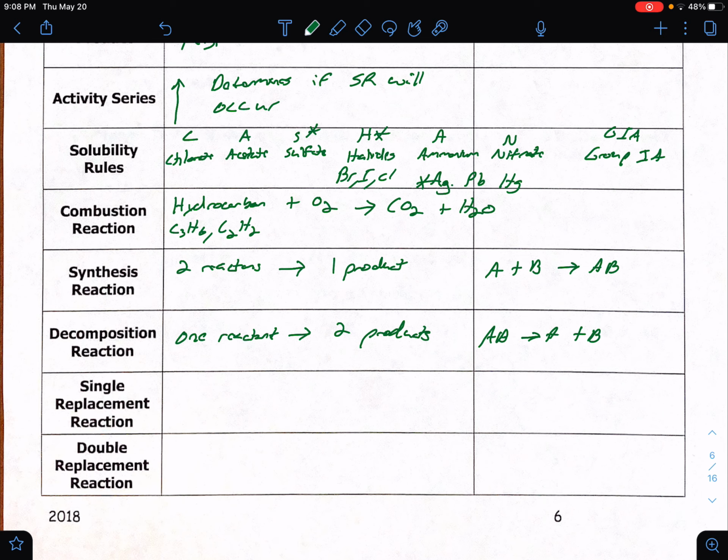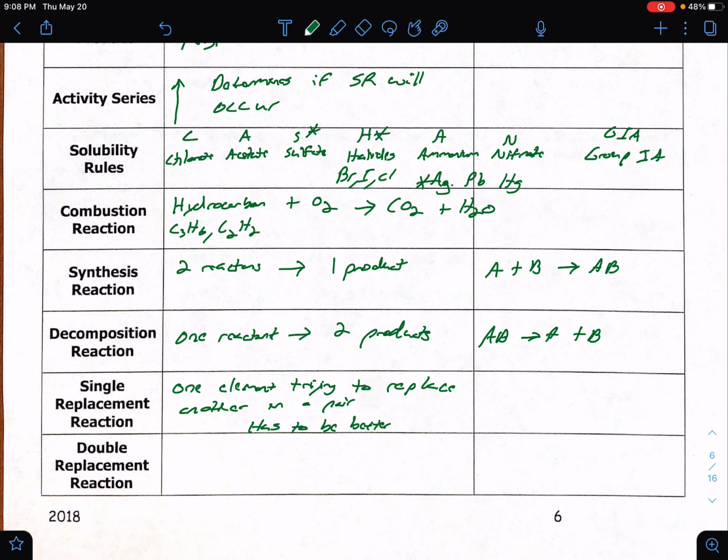Okay, single replacement. This is when you have one element trying to replace another in a pair. Okay, so it has to be better.